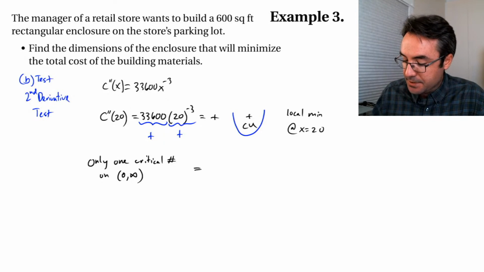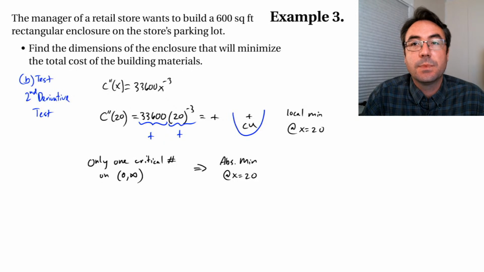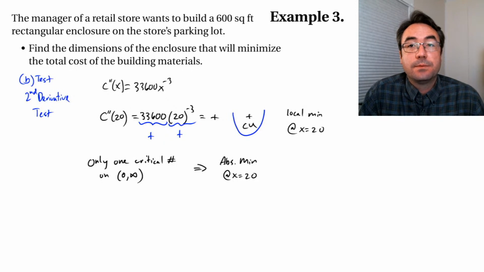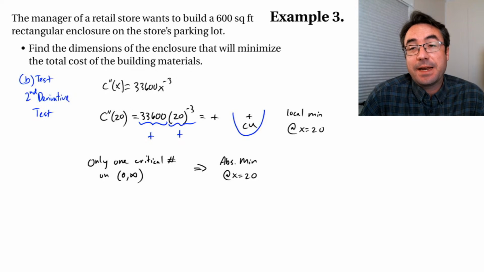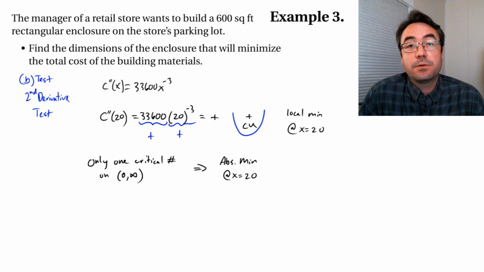So that actually means we have an absolute min at x equals 20. So we found the x value that gives us the minimal cost of building this enclosure.